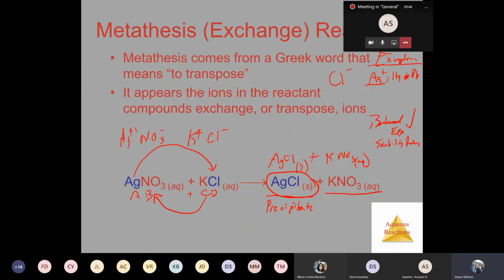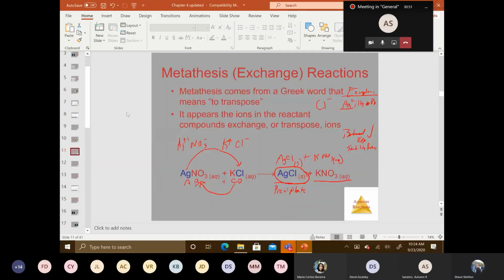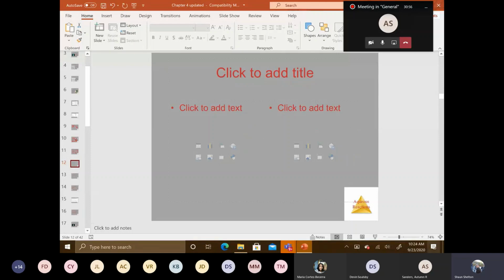What I'll do is keep this for right now. I want to add a new slide, and we are going to work on the next part. Please keep in mind that when we are working these types of problems, this is called reaction prediction. Reaction prediction is trying to predict the products from the reaction. In the beginning of today, I talked to you about the 5 types of reactions.